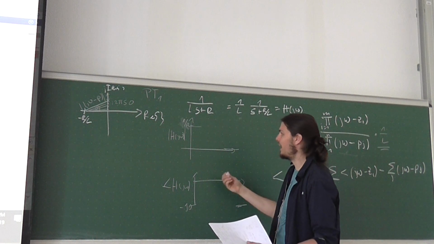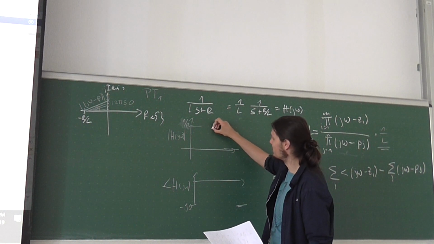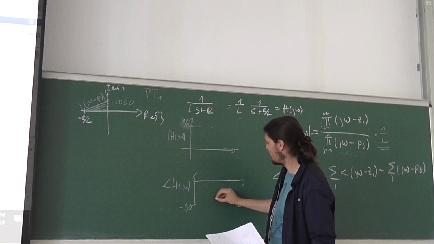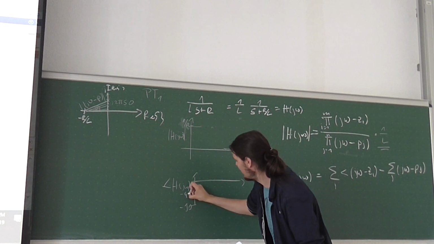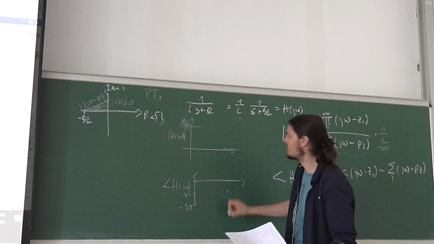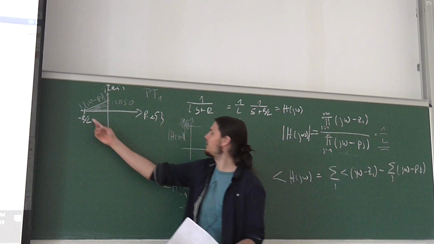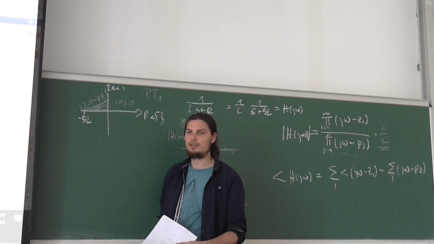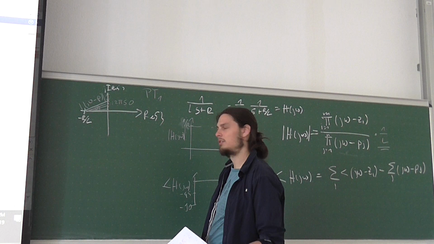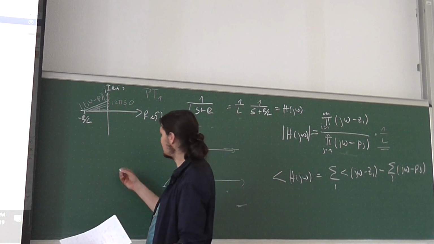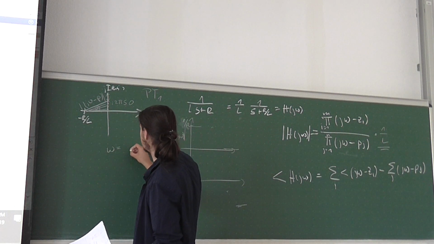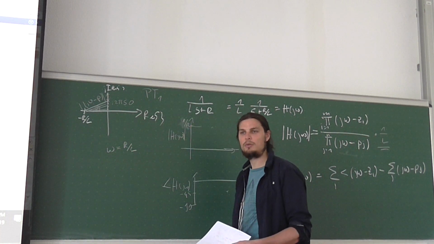At our break frequency, we know that it starts really to drop. At the break frequency, we also know it's at minus 45. Where do we get exactly 45 degrees? When omega is the same as alpha. Exactly. So where omega equals R by L, we have our break frequency.